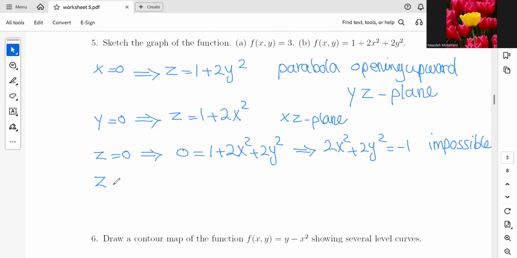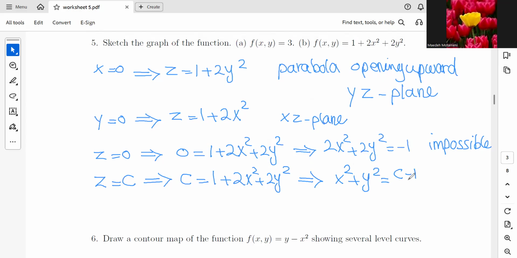So level surface means that z will be a number, any number. What makes this? It will be c equals 1 plus 2x squared plus 2y squared. It means that in this case, x squared plus y squared will be c minus 1 and then divided by 2 in order to get rid of these two here. So what if c is 1?